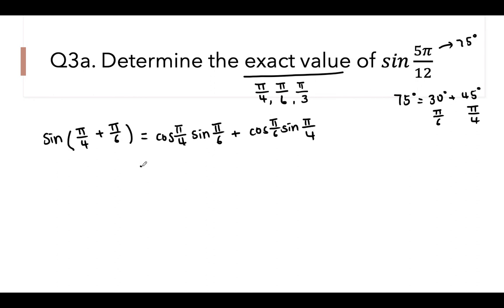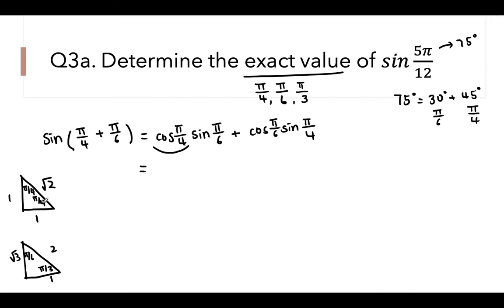Now, because we're looking for the exact value, let's evaluate cosine pi over 4. I'm going to make a triangle, which is pi over 4, pi over 4. The sides of the triangle look like 1, 1, square root 2. Make sure you memorize the special triangles. It is a must. Pi over 6, pi over 3, the sides are 1, 2, square root 3.